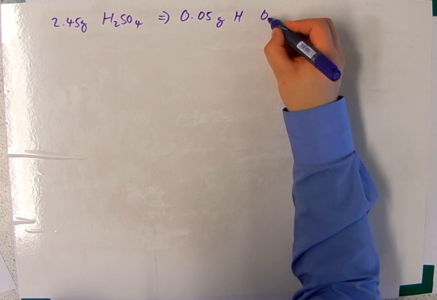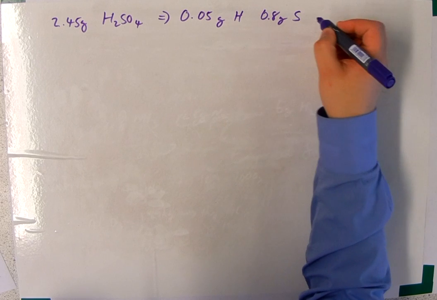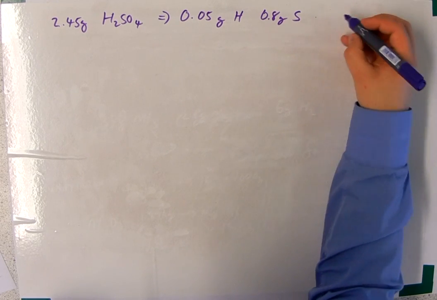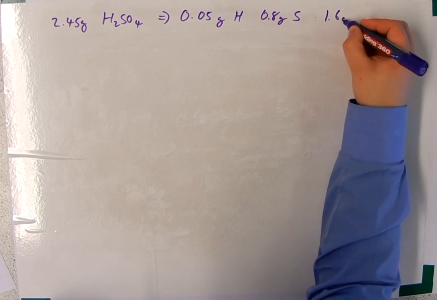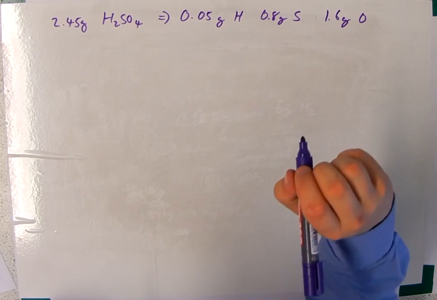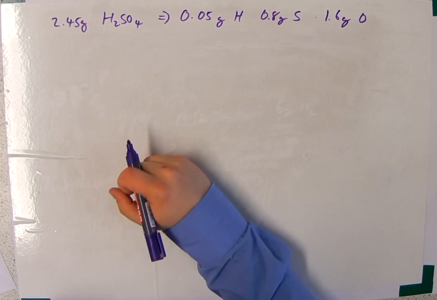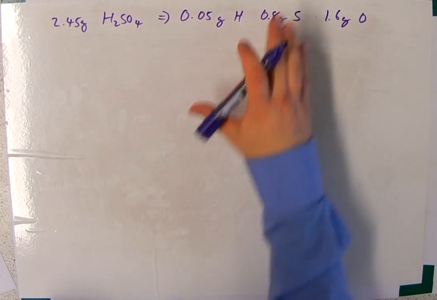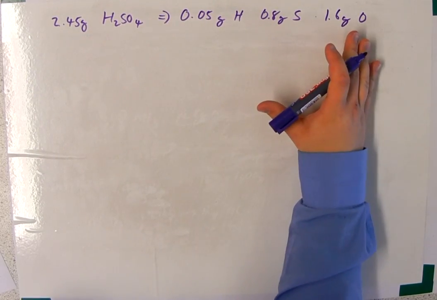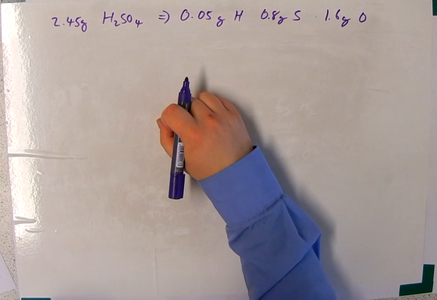It's got 0.8 grams of sulfur, and it's got 1.6 grams of oxygen. So far, so good. Whole set of numbers. If we were missing one, we could work it out from conservation of mass, but we've got all 3 of the things we need there.